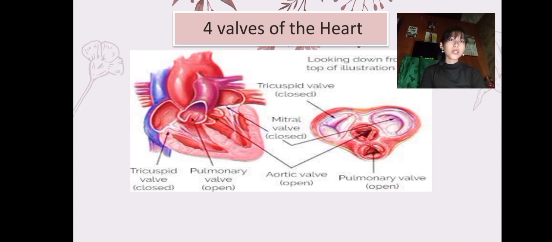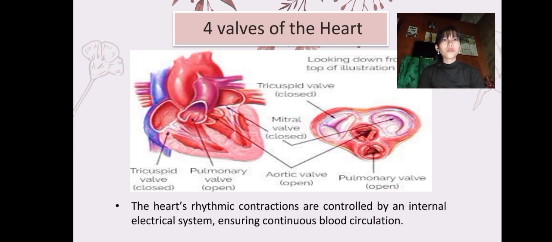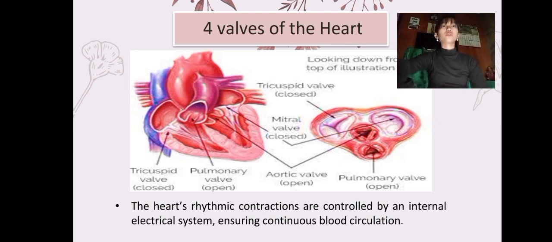Tricuspid valve controls the opening between the right atrium and the right ventricle. The second is the pulmonary valve. The pulmonary valve prevents blood that has been ejected into the pulmonary artery from returning into the right ventricle as it relaxes. The mitral valve, also called the bicuspid valve.